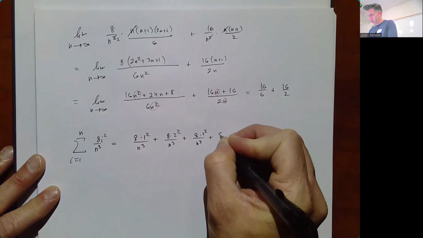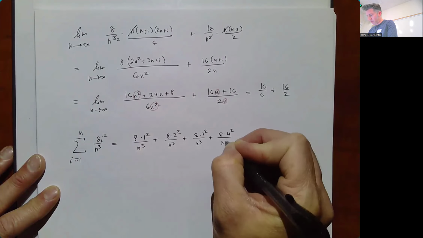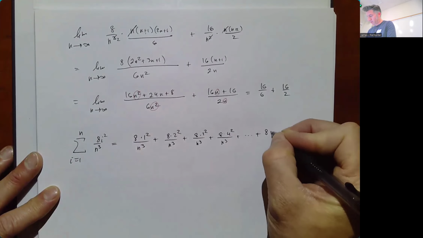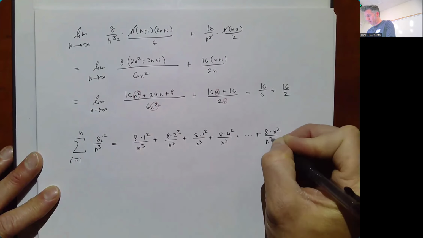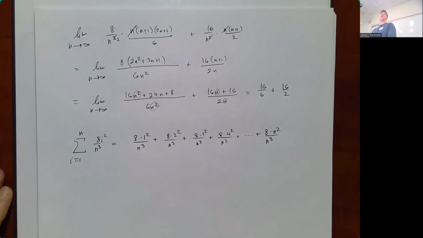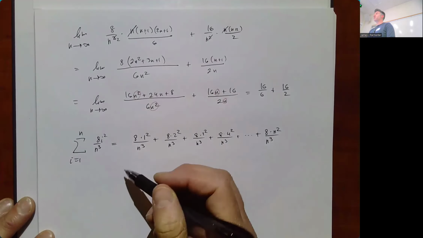And I bet you all can start to see where this is going to go. Every term, even up to the very last term, 8 times n squared over n cubed. I don't want to cancel n's there, even though I could. Every term, what could I factor out? What's one of the things I could factor out? My favorite number, 8. What else? The 1 over n cubed.